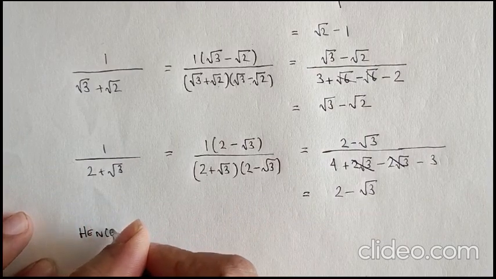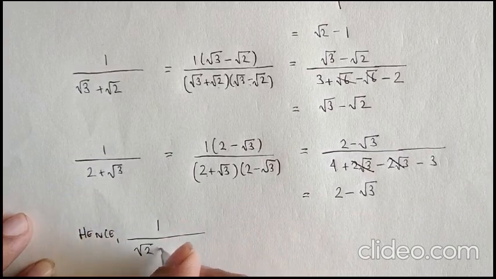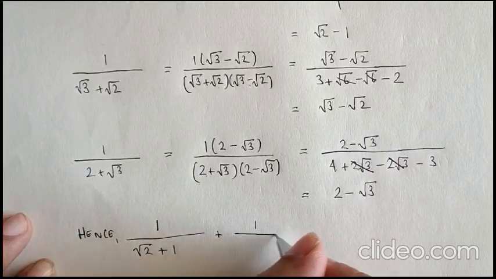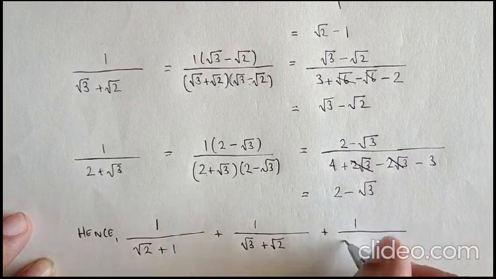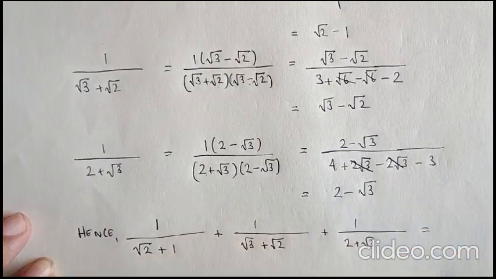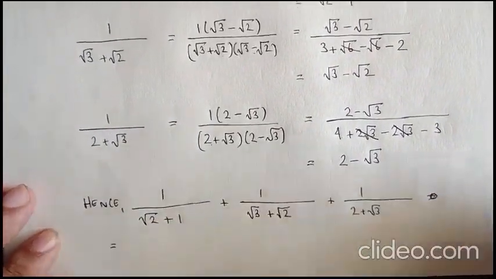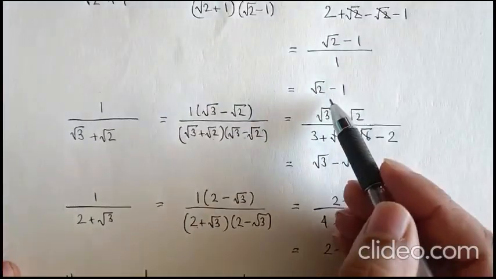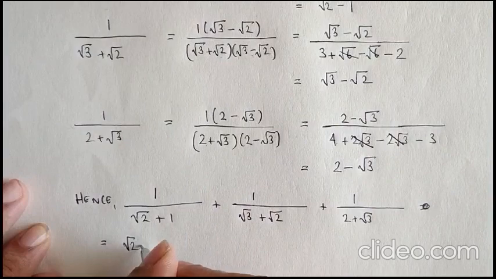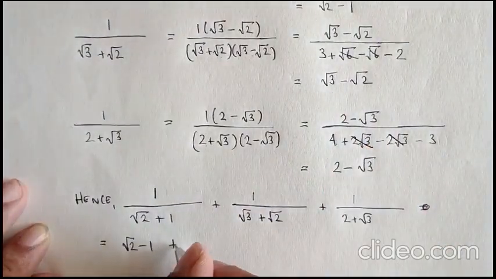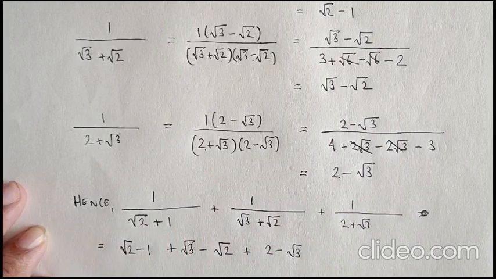Hence 1 by root 2 plus 1 plus 1 by root 3 plus root 2 plus 1 by 2 plus root 3 is equal to, in fact let us put it in our next line, is equal to the first answer, root 2 minus 1 which we had simplified, plus root 3 minus root 2 plus 2 minus root 3.